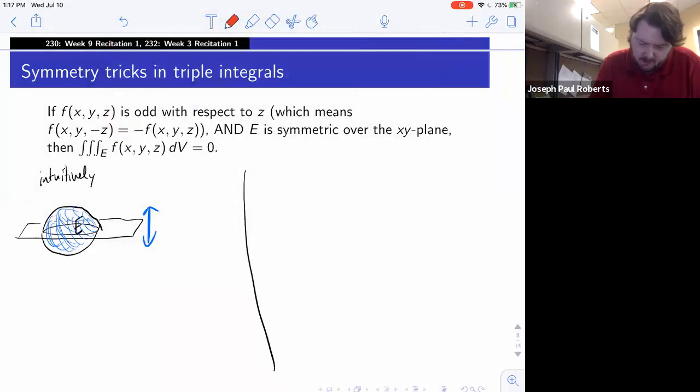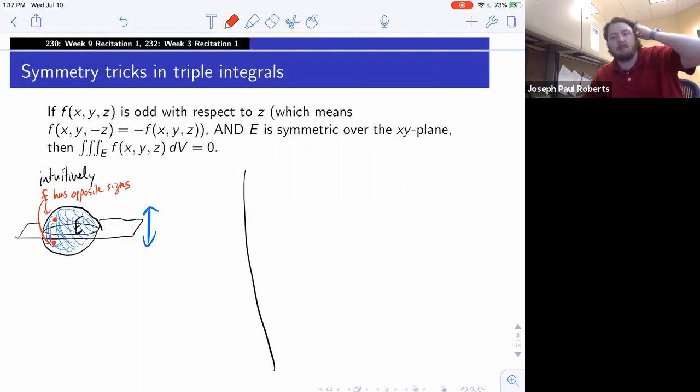But anyway, if f is odd with respect to z, the idea is that f has opposite signs when you switch z to minus z, which flips you over the xy plane.